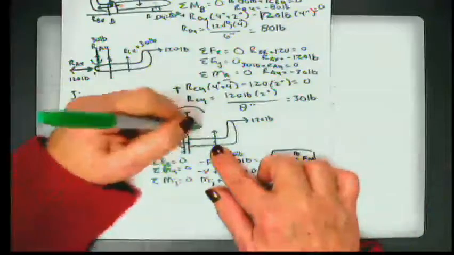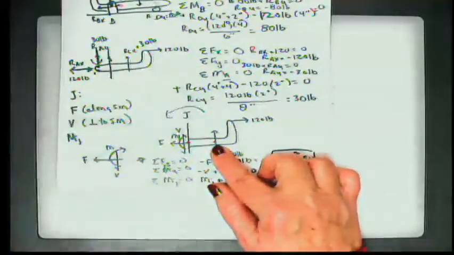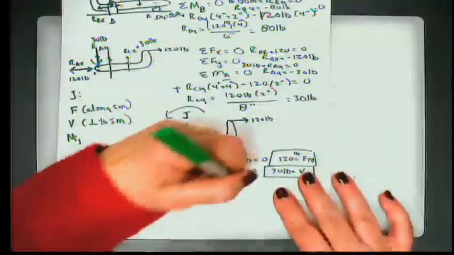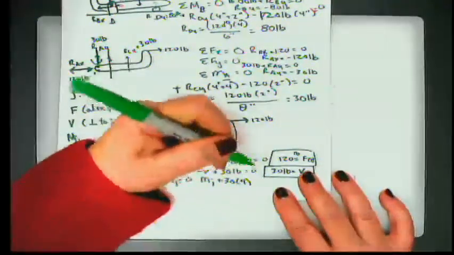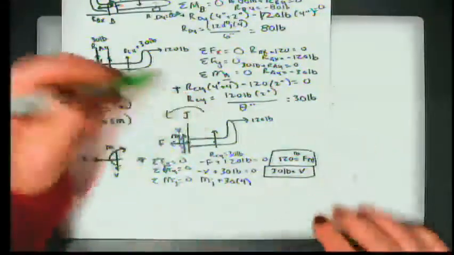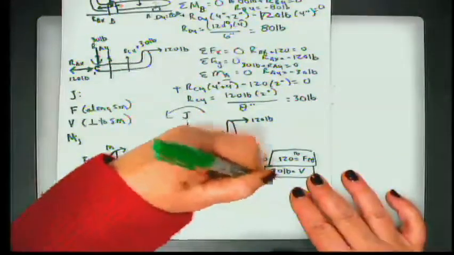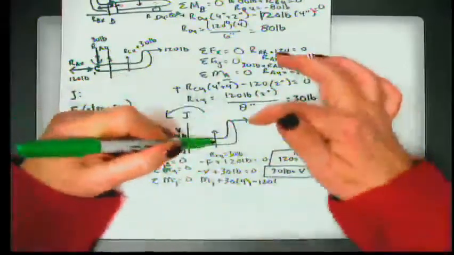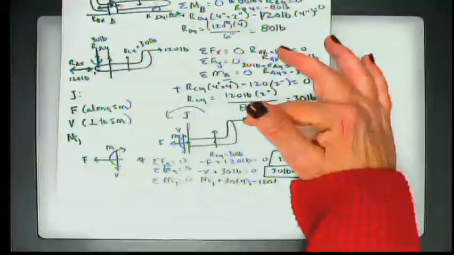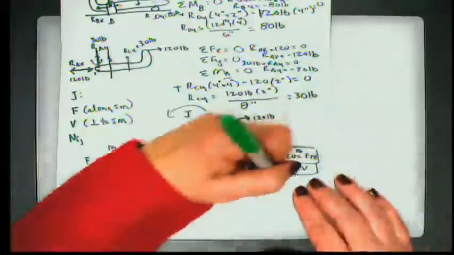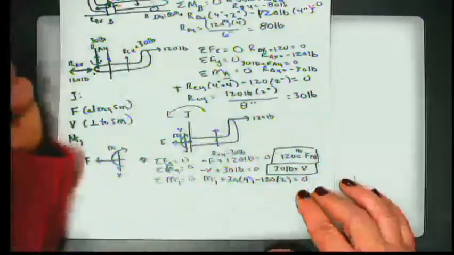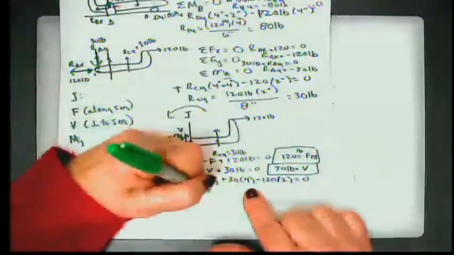It's a vertical force, so I need the perpendicular distance from J to C, which is 4 inches. And then here, if we put that pin, we've got a clockwise spin, which is negative 120, times this distance. Now, this is a horizontal force, so we need the vertical distance, which is 2 inches, equals 0. And what do we find about the moment at J?